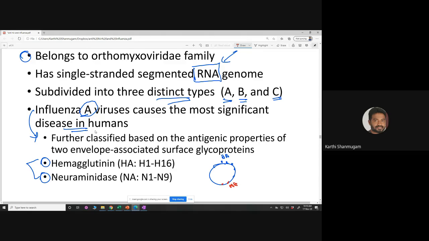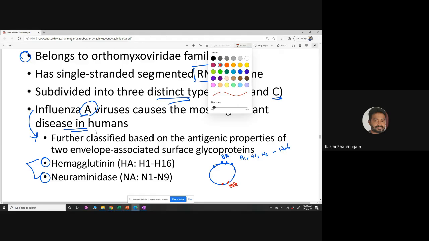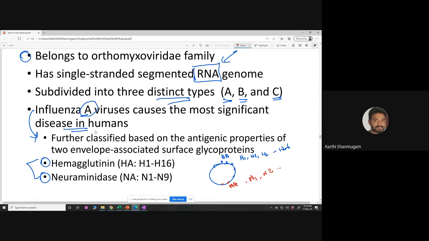Again, this HA and NA are of different types. For HA, we have the H1 type, H2, H3 up to H16. And for neuraminidase, we have different types, say N1, N2 up to N9.